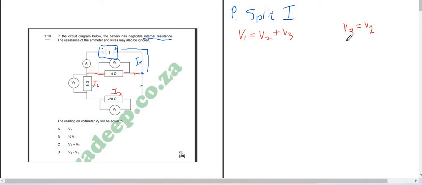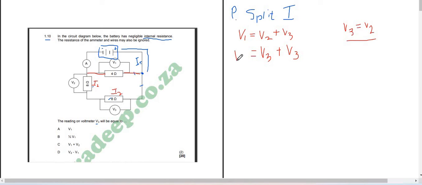So if they are the same, I can just take this and substitute. So in the place of V2, I can just write V3. Then you're like, okay, let me write V3 over there. So you have V3 plus V3.